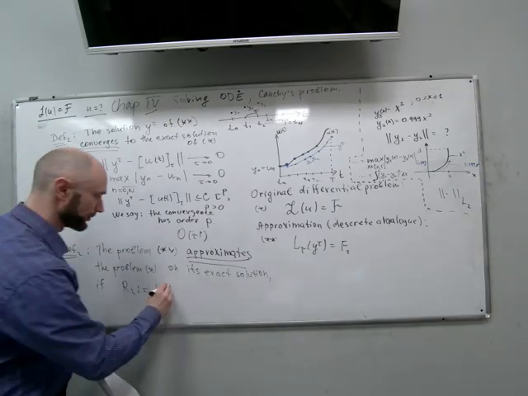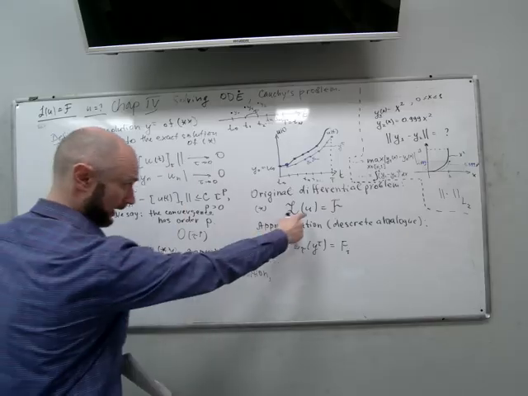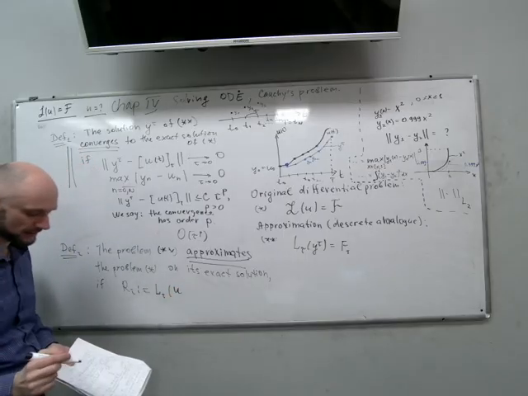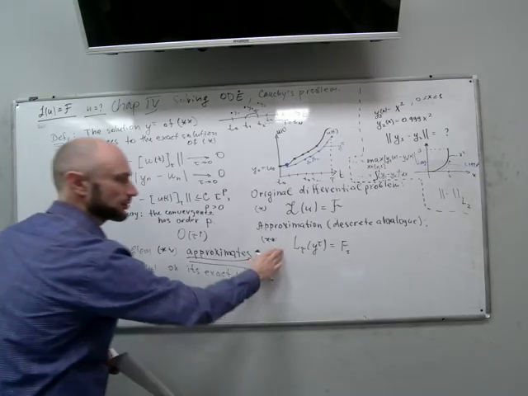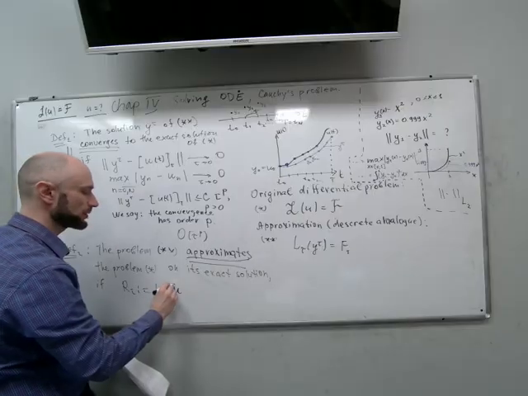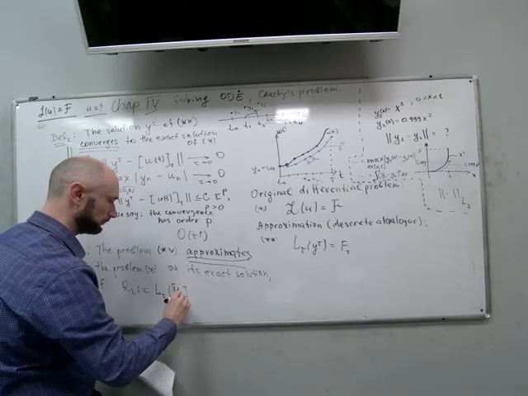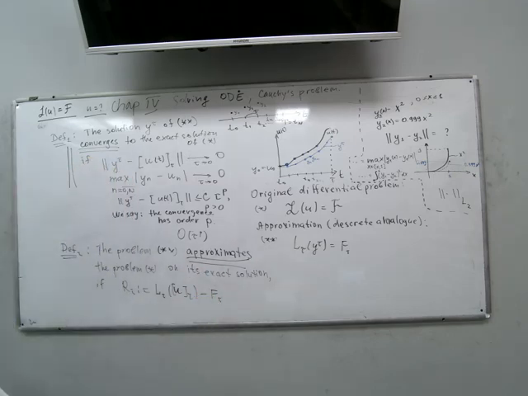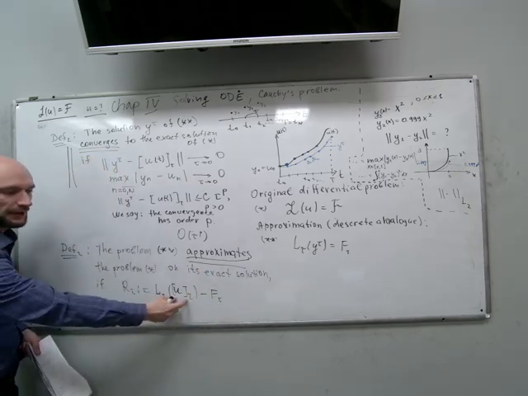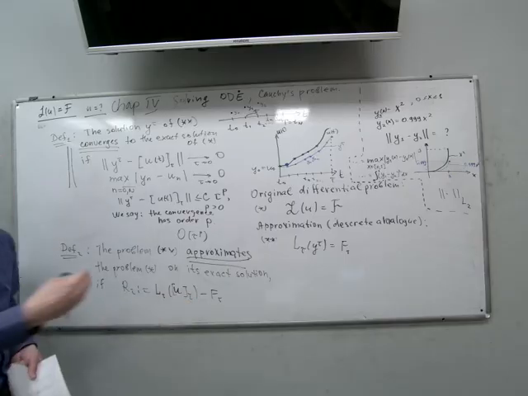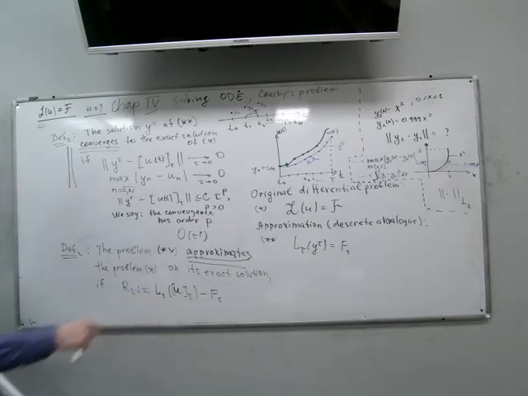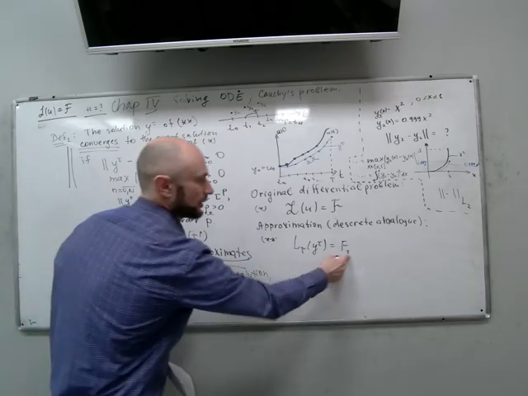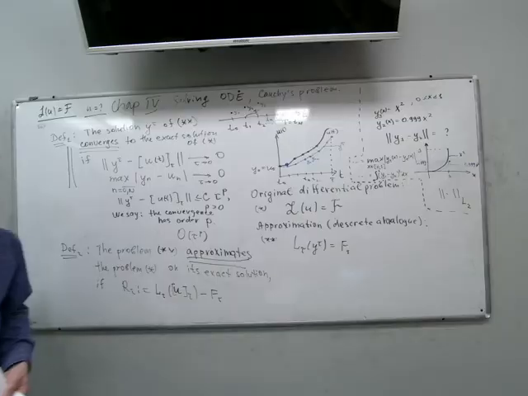If the following holds true, suppose I have this exact solution. If I substitute this exact solution in my approximation problem, so I put the exact solution projected to the mesh to my approximate solution, this equation will not hold true any longer.